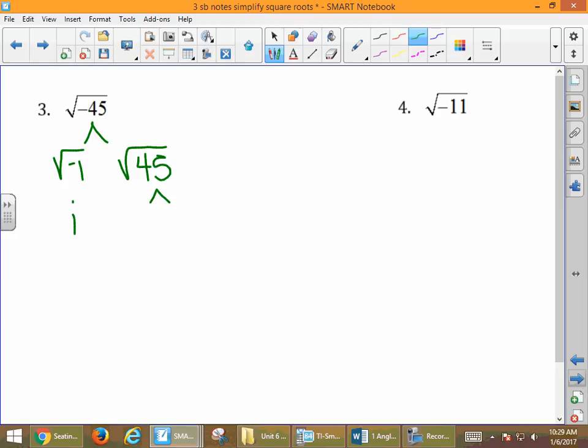45. We need to make our factor tree. 9 times 5. You can use 15 times 3 if you prefer. 9 is 3 times 3. And we need 2 of the same value to take out 1.